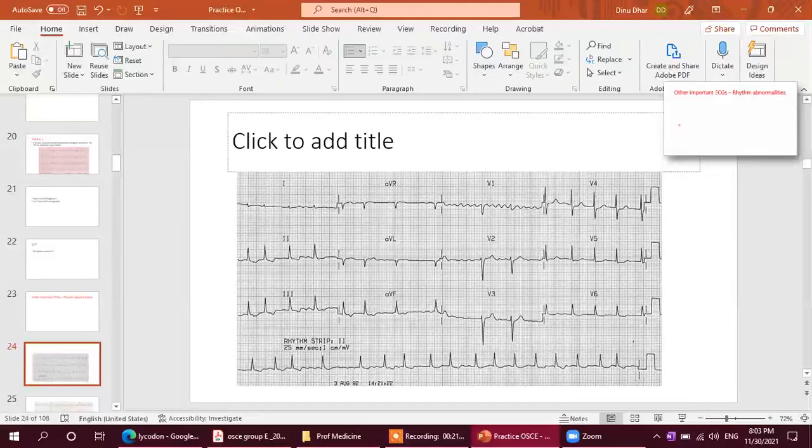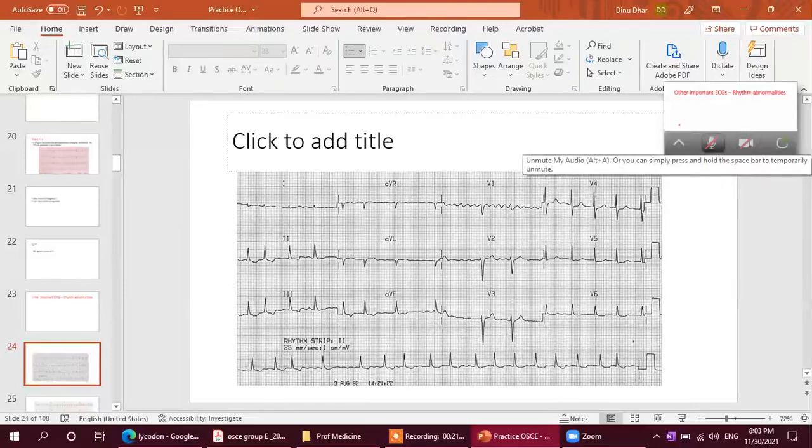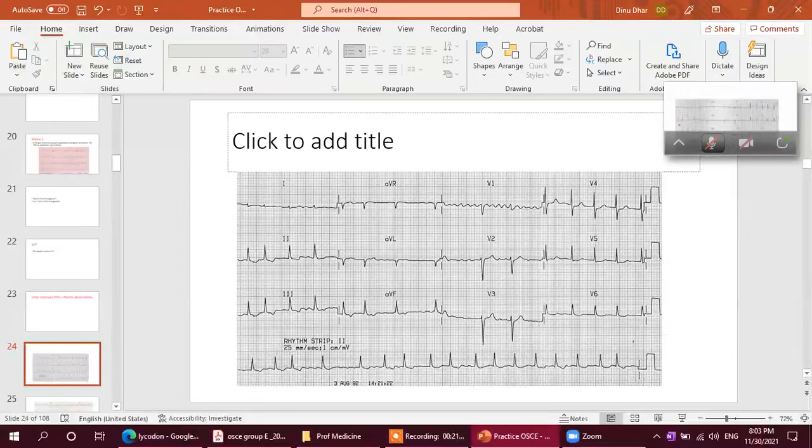What is this? So this is not exactly fast, but the heart rate is around 90 to 100, right? It's a narrow complex tachyarrhythmia. What are the key features here? Is it atrial fibrillation or nodal or AV?